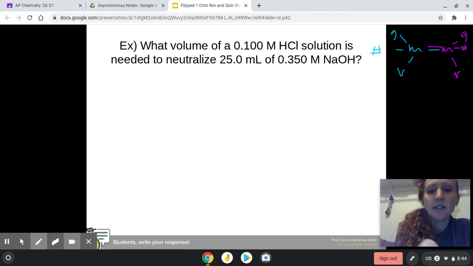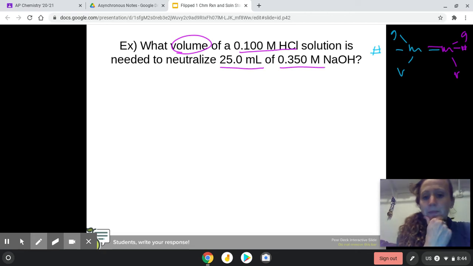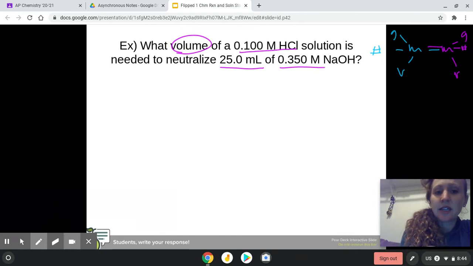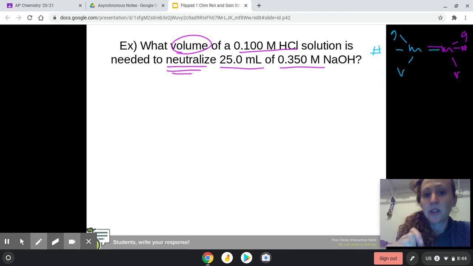Okay, so what volume of a 0.1 molar HCl solution is needed to neutralize 25 milliliters of 0.350 molar NaOH? Again, we're going to this point of neutralization, and at this point you have to know a concept.